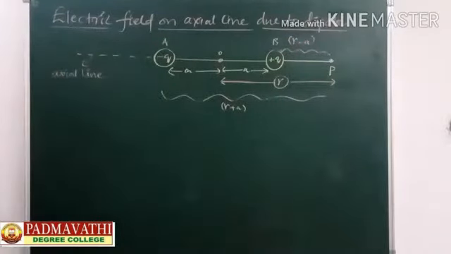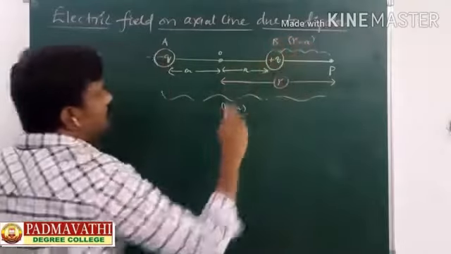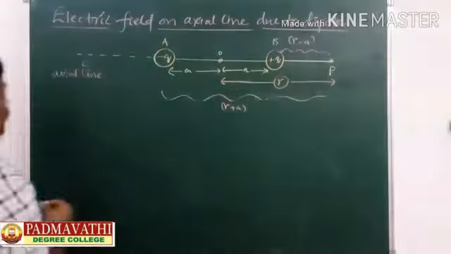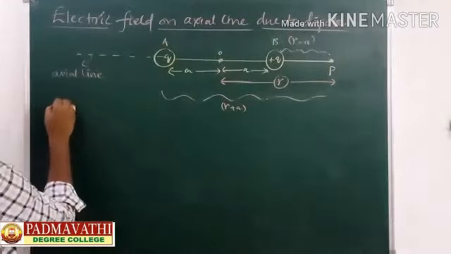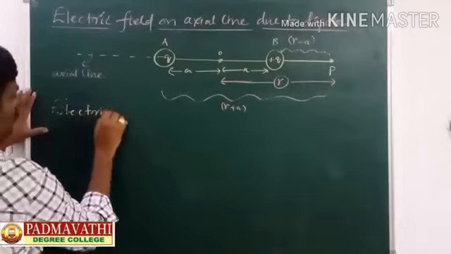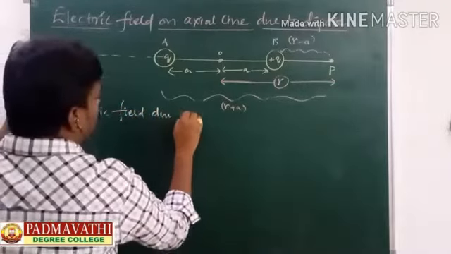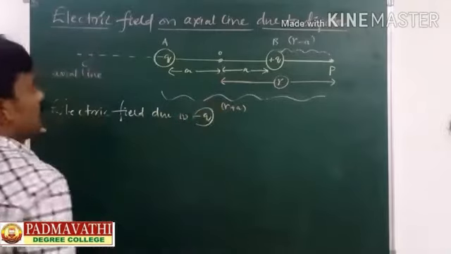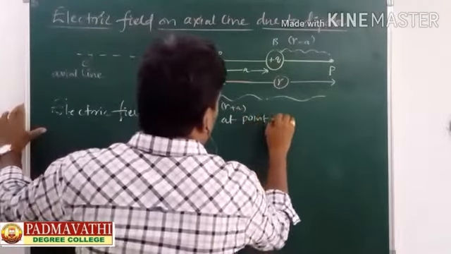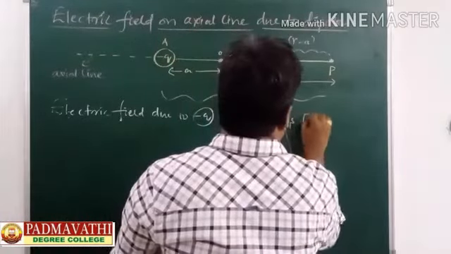Now first of all, let us calculate the electric field due to minus Q at point P. The electric field due to minus Q at point P is EA.